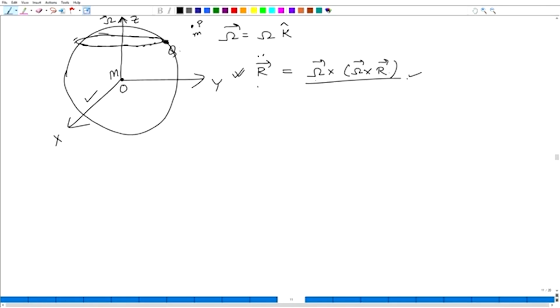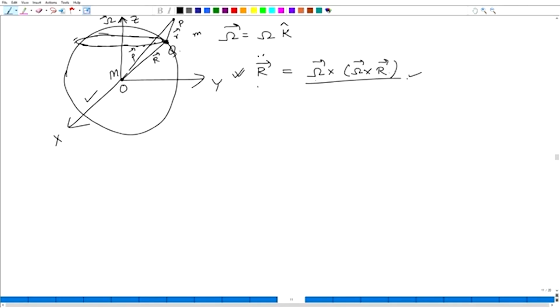So, this is actually the r vector, and once again this is badly drawn. I actually have to draw here. So, this is small r and this is actually your rho.